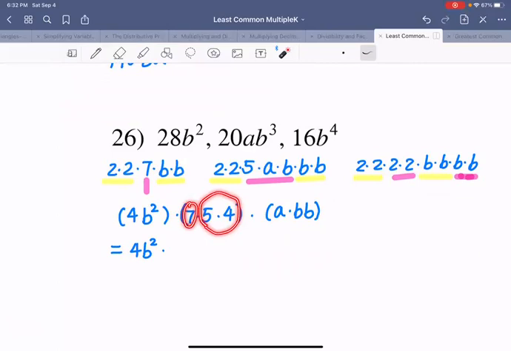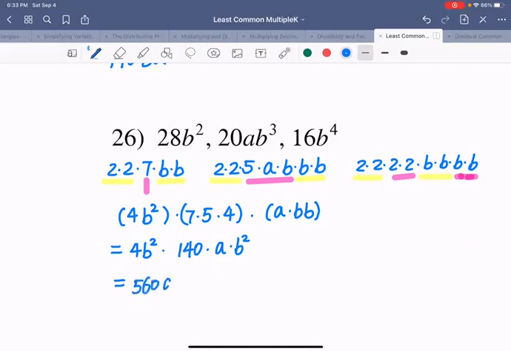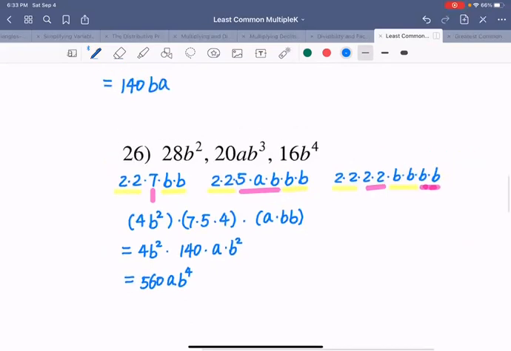This is 140, right? That's 140 times A and B squared. Okay, equals 4 times 140 is 560. Good job. Times A times B to the 4th power. Very good. That's it. Yes, both of you great.